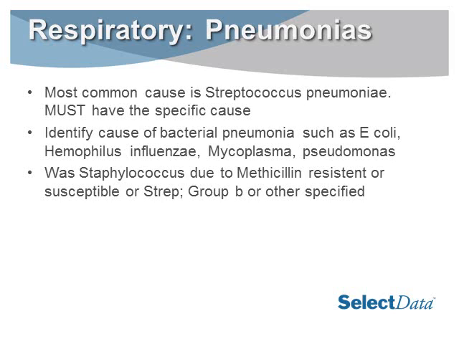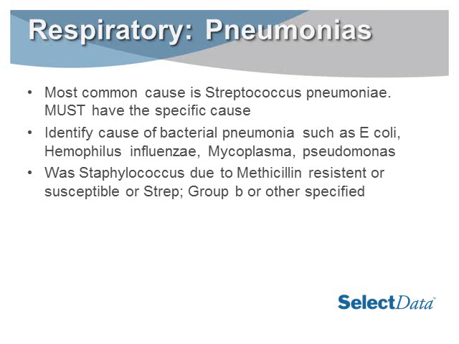For respiratory diagnoses, for pneumonias, the most common cause is Streptococcus pneumoniae. You must have the specific cause of the patient's pneumonia in order to code pneumonia in ICD-10. You must identify the cause of any bacterial pneumonia with organisms such as E. coli, Haemophilus influenzae, Mycoplasma, or Pseudomonas.